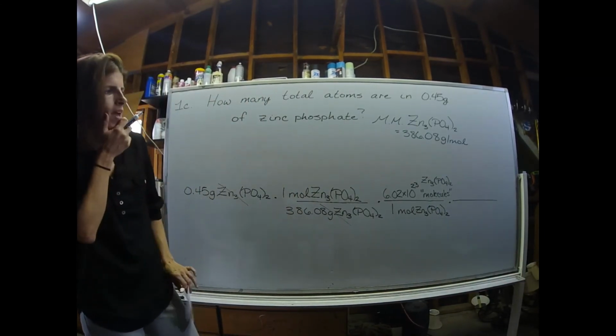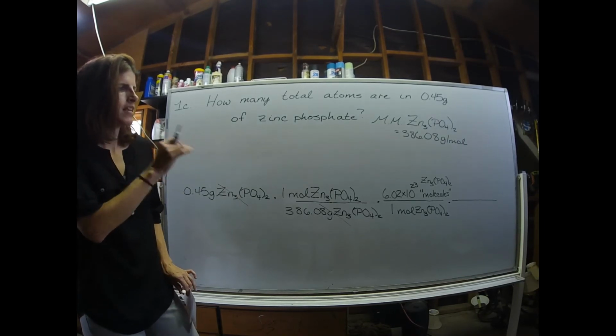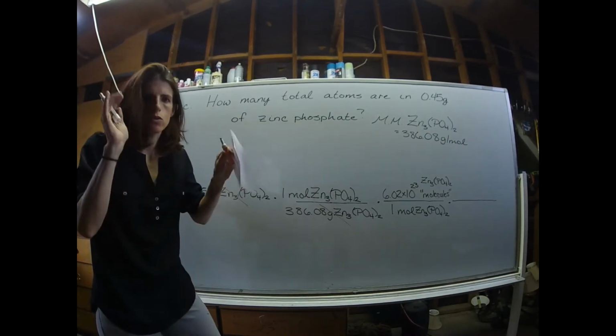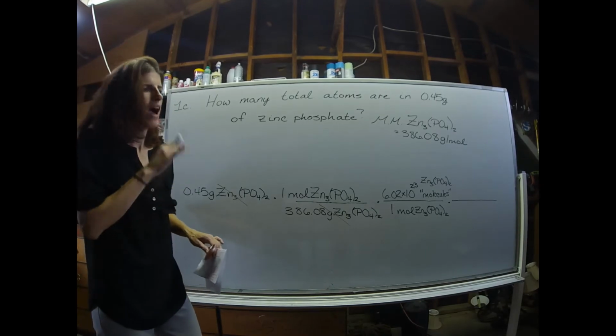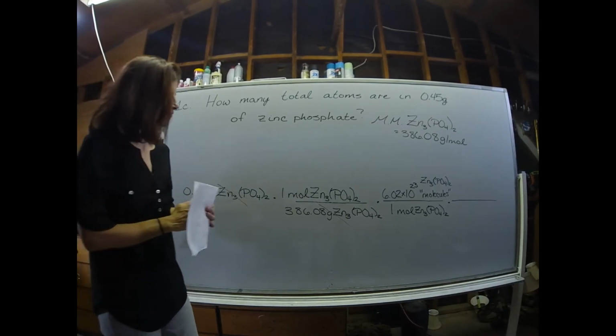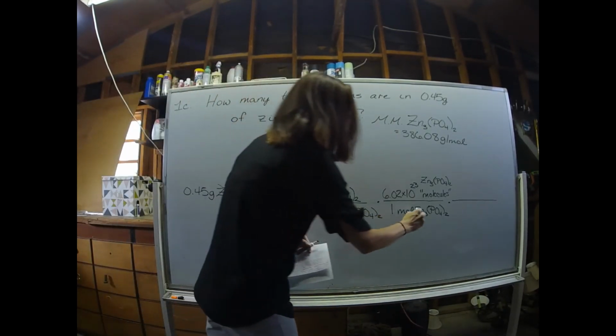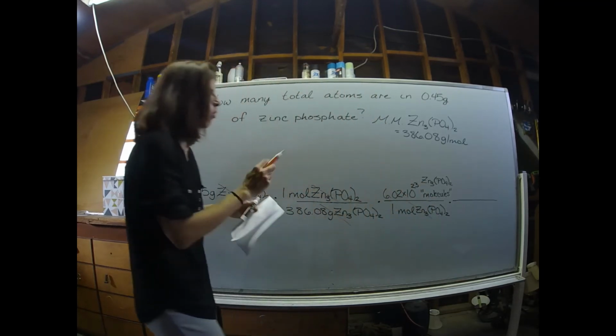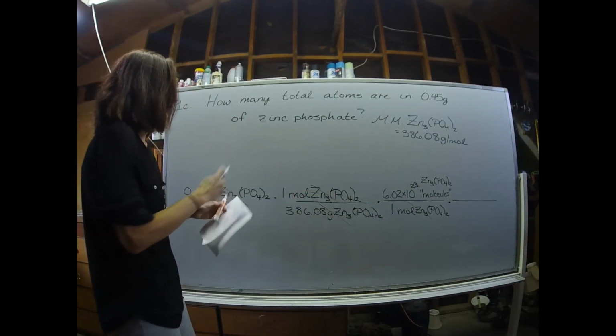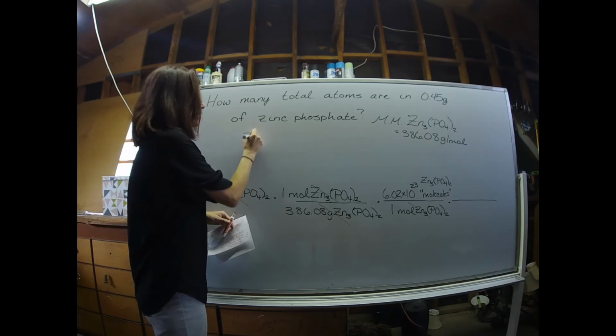So if we have that many zinc phosphate molecules, how many individual atoms are we dealing with then? So if we look at 1 molecule of zinc phosphate, we can kind of break it down.